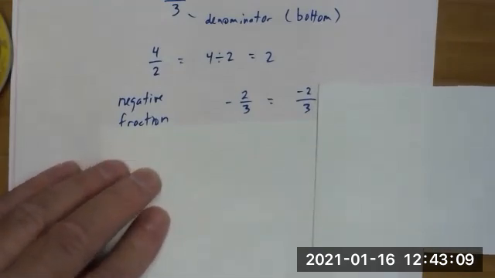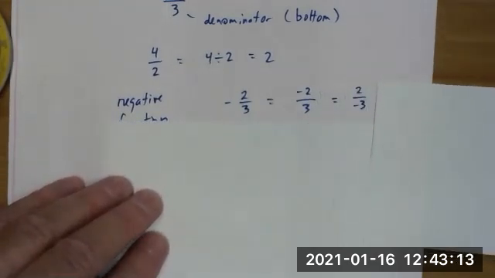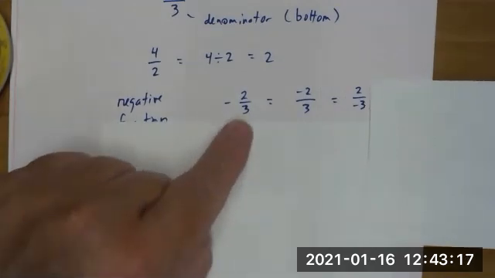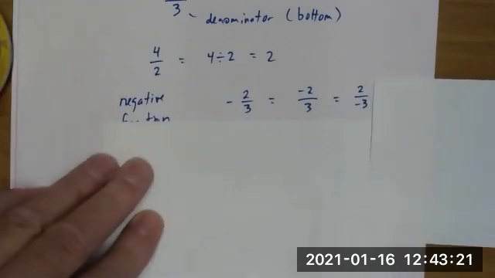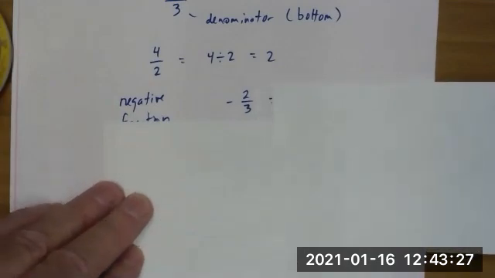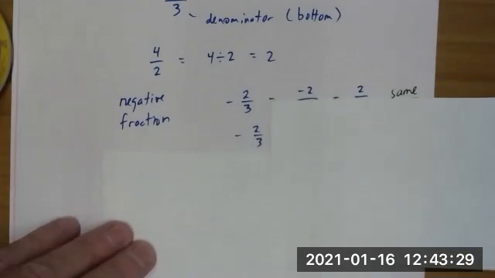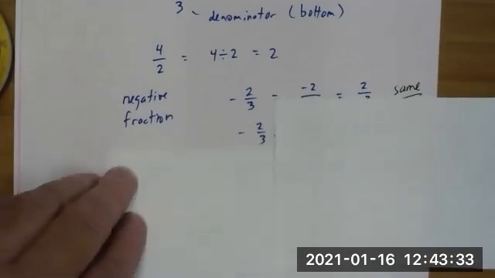And theoretically, although you don't see it as much, sometimes it happens where you end up having the negative in the denominator. So these three fractions are all the same. They're all a negative fraction. Now, every once in a while, I see students do something like this. They'll see a negative fraction, and they'll want to move the negative next to the numbers.